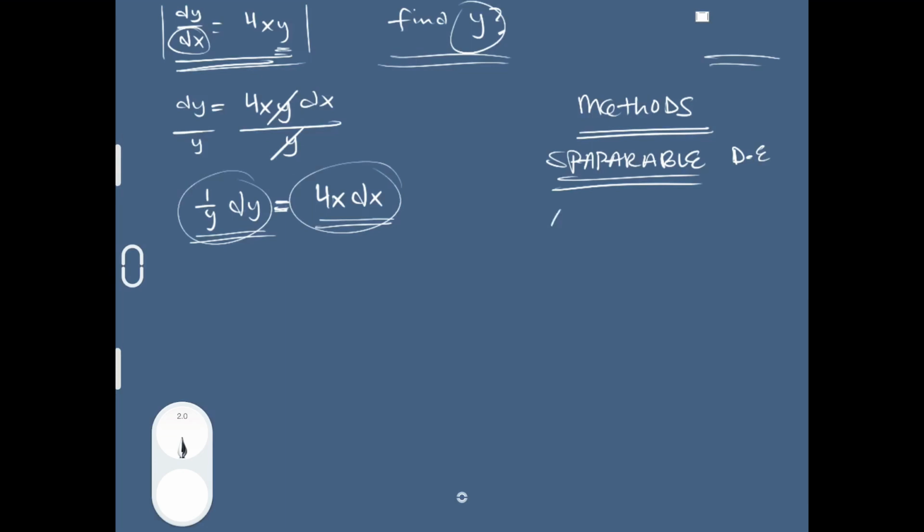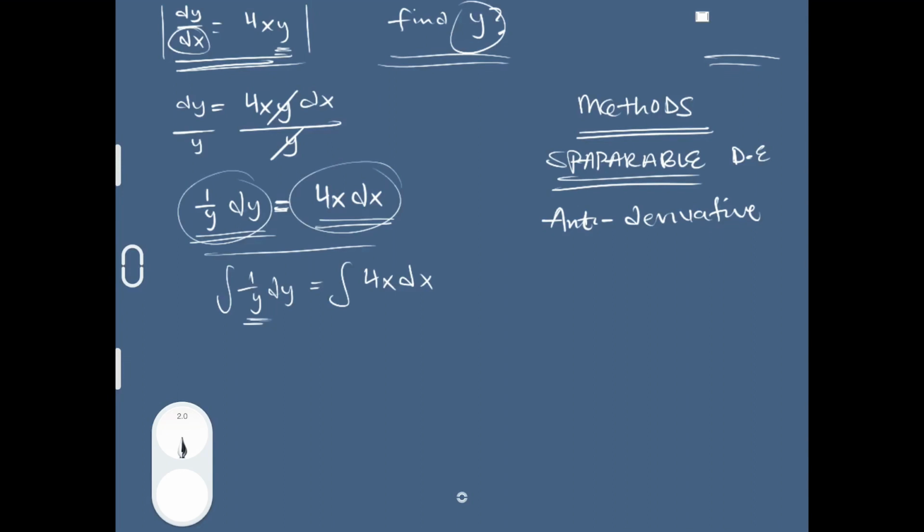That is, we must take the antiderivative of the function. So looking at these two functions, first thing we might want to do is to take the antiderivative of 1 over y dy and the antiderivative of 4x dx. So we know that the antiderivative of 1 over y is just the natural log of the absolute value of y.